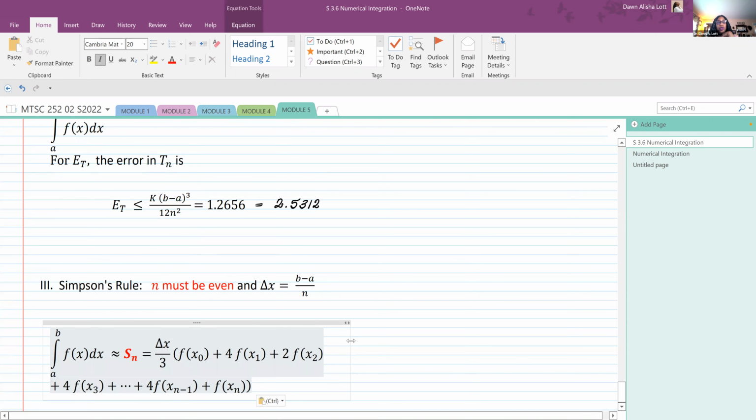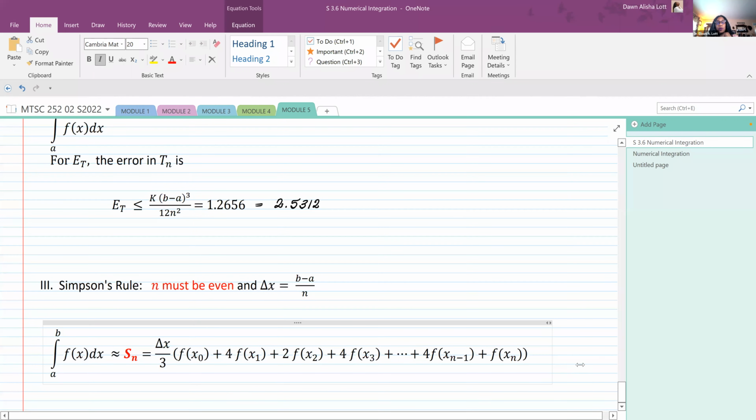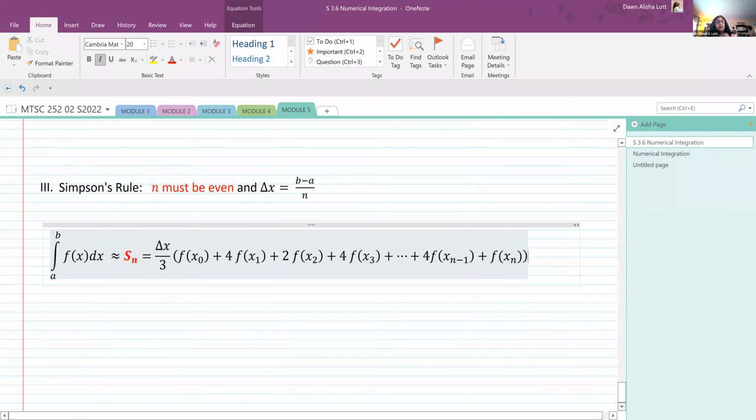So my question to you is, what's different about this formula than the trapezoidal rule? What do you notice that's different? Anybody?